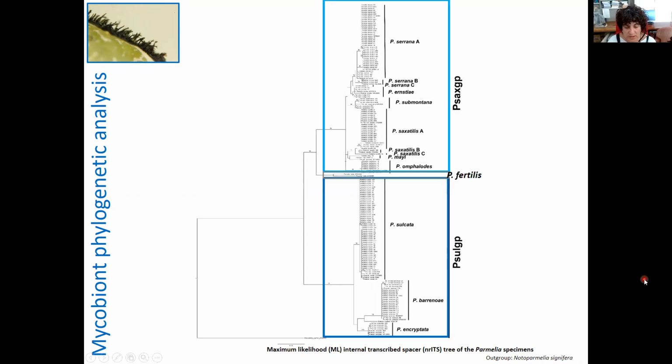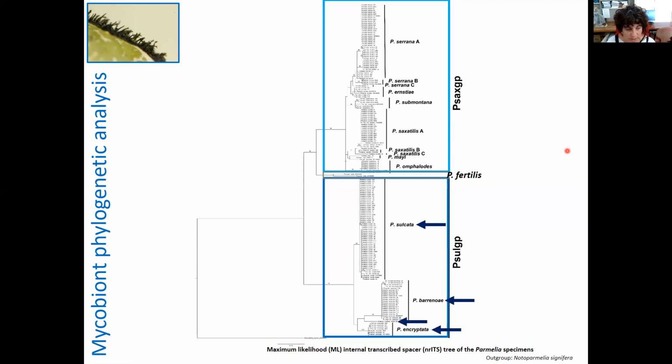The tree topology showed 3 major clades: Parmelia fertilis, the Parmelia saxatilis group, and the Parmelia sulcata group. The relationships among the clades were unsupported. However, they were congruent with previously described phylogenies.